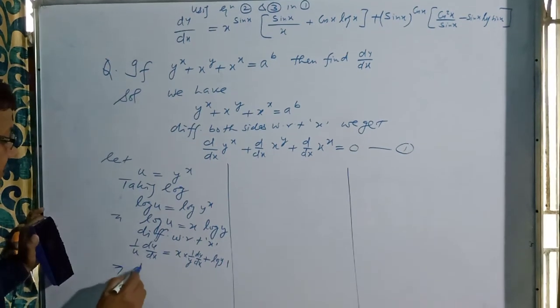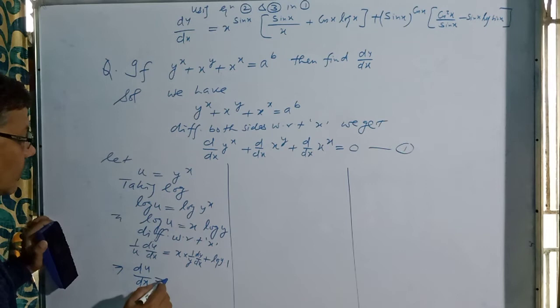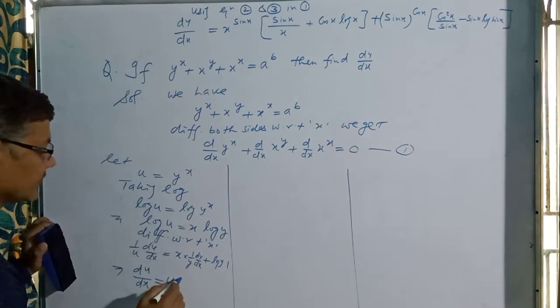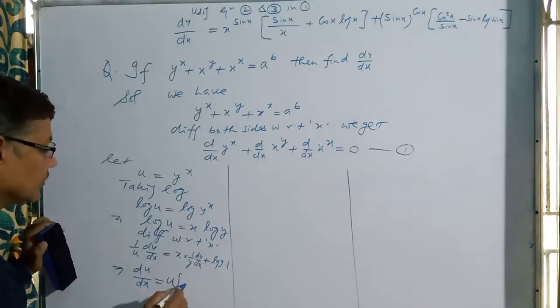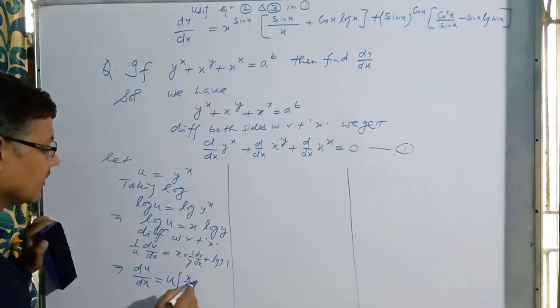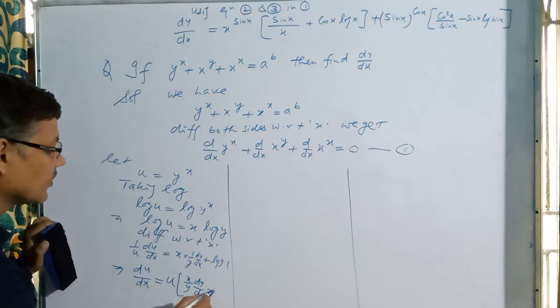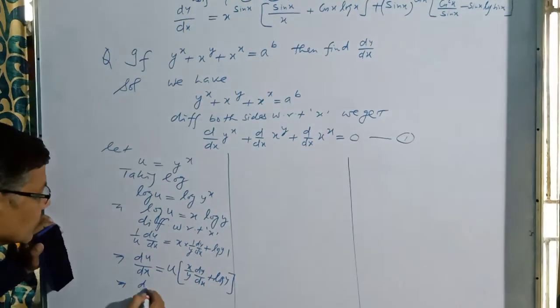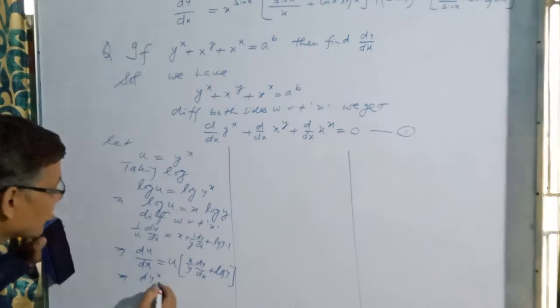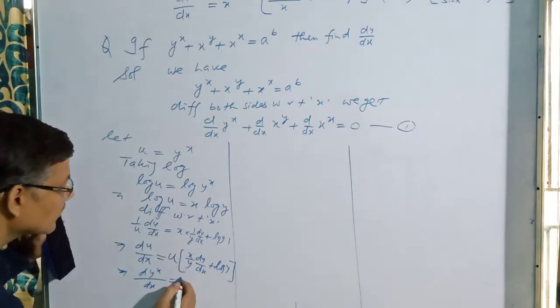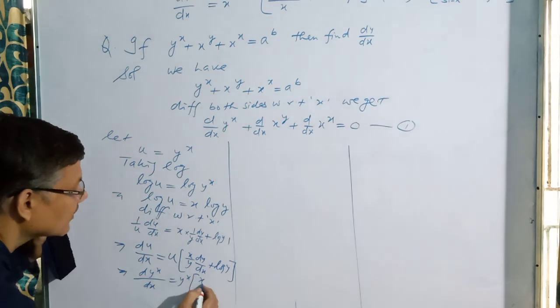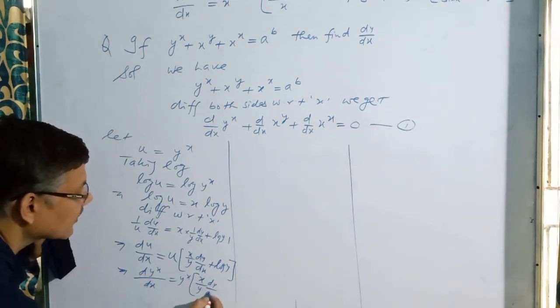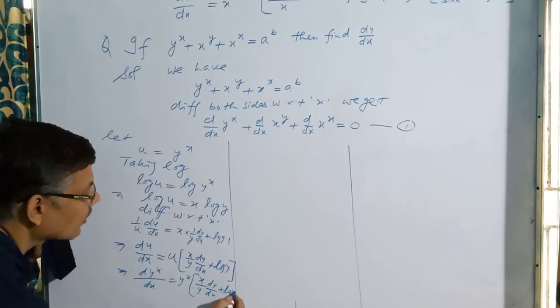It implies du by dx is equal to u. What is u? That is y power x. So it is u into x by y dy by dx plus log y, and when we put the value of u, then we write here d of y power x by dx equal to y power x into x by y dy by dx plus log y.